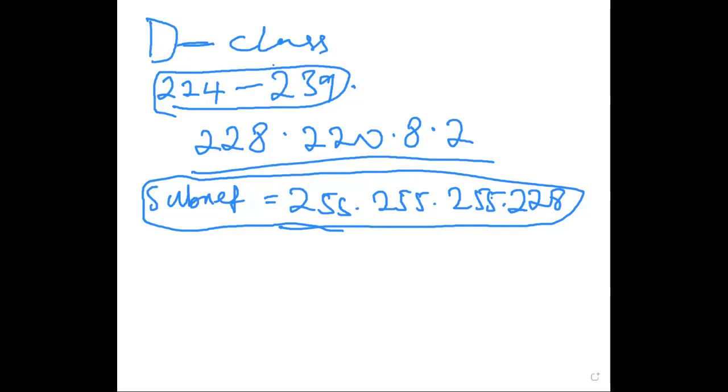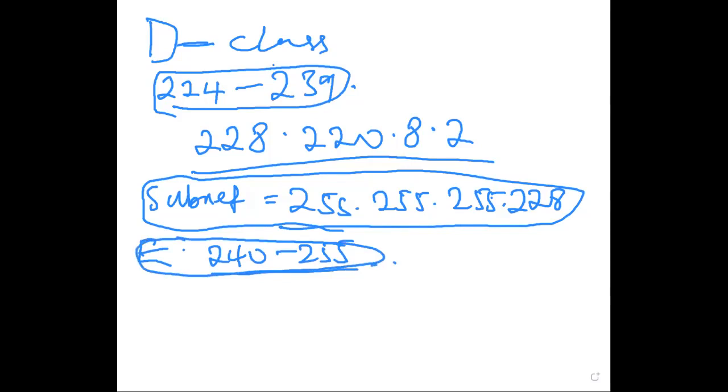Now, a similar thing is also true of the Class E. The Class E ranges from 240 to 255. They are also majorly reserved for IPv4 experiments, and they are reserved for research purposes.